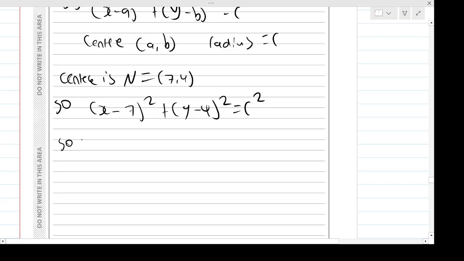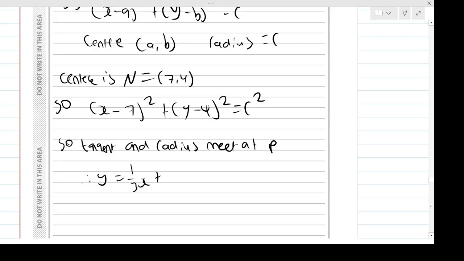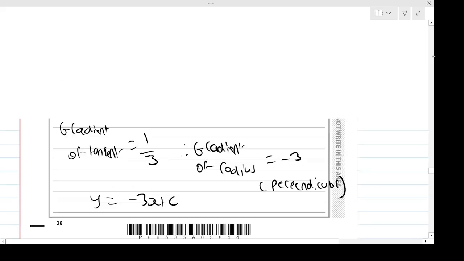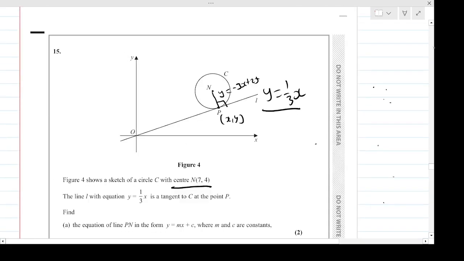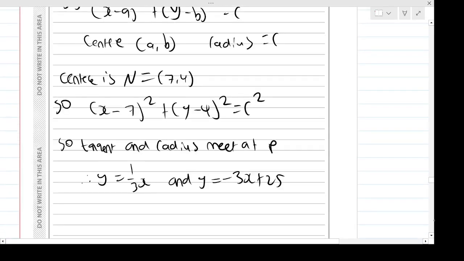Tangent and radius meet at P. That means the equation of the tangent, which was y = (1/3)x, and the radius, which was y = −3x + 25, are the two lines. We're going to intersect them as simultaneous equations.